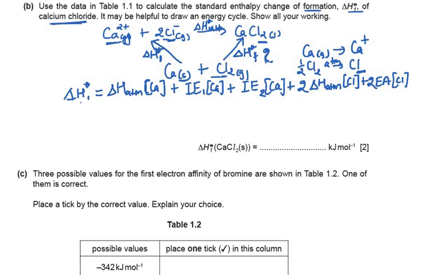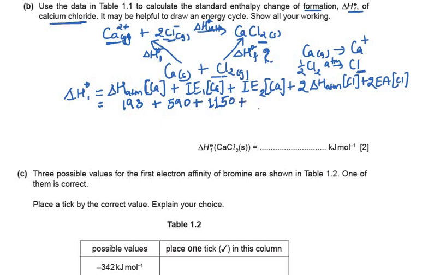So first let's calculate delta H1, and then we will substitute the values into the energy cycle which we have drawn here. Looking at table 1.1 and substituting all the values, I'll write 193 for the atomization of calcium. Then the first ionization energy of calcium is 590, plus the second ionization energy of calcium, which is 1150.